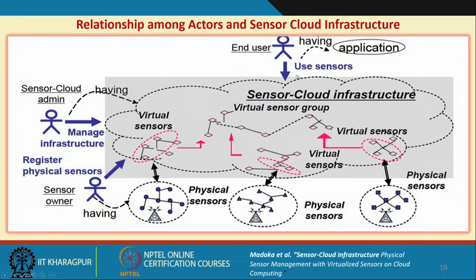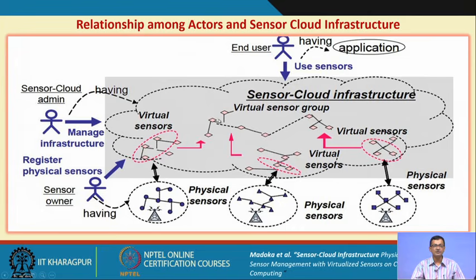As we are discussing, there is the sensor cloud admin. This is a sensor cloud infrastructure which has different physical sensors, virtual sensor groups with underlying virtual sensors coming from the physical sensors, and then we have end users who are more inclined towards the applications that use this sensing network.